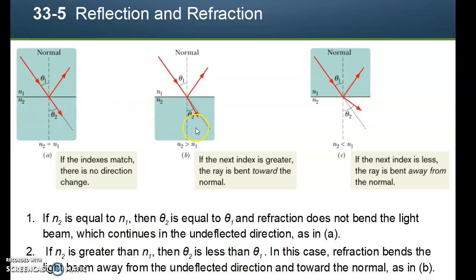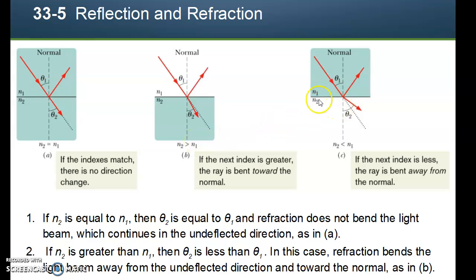Now, if the index n2 is greater than n1, the ray is bent towards the normal in this direction. So that means theta 2 is going to be less than theta 1. So the refraction bends the light towards the normal.